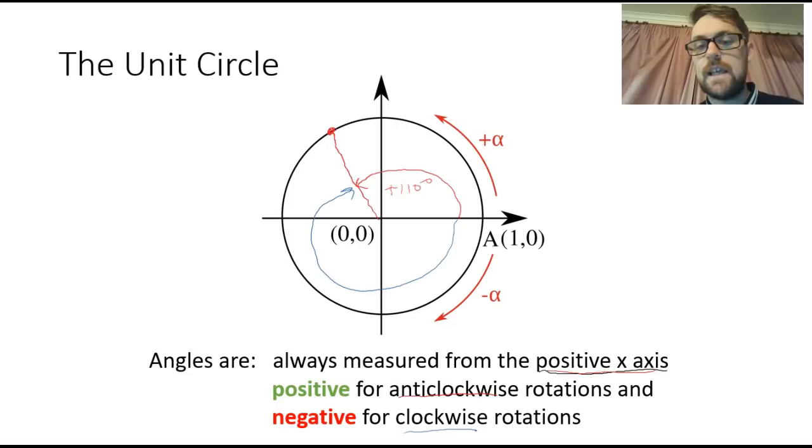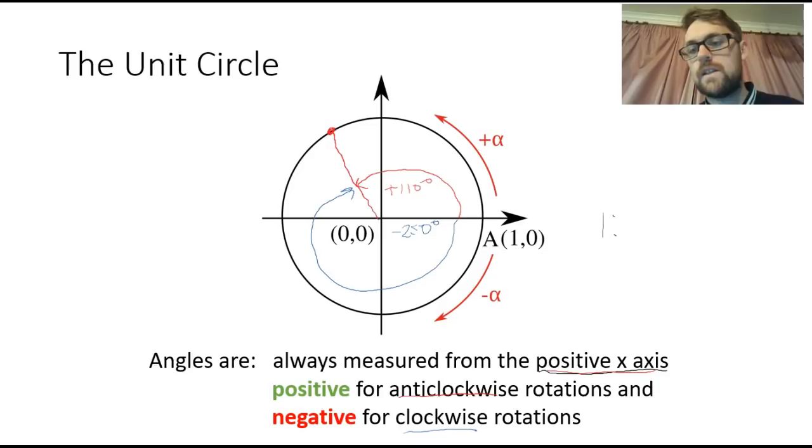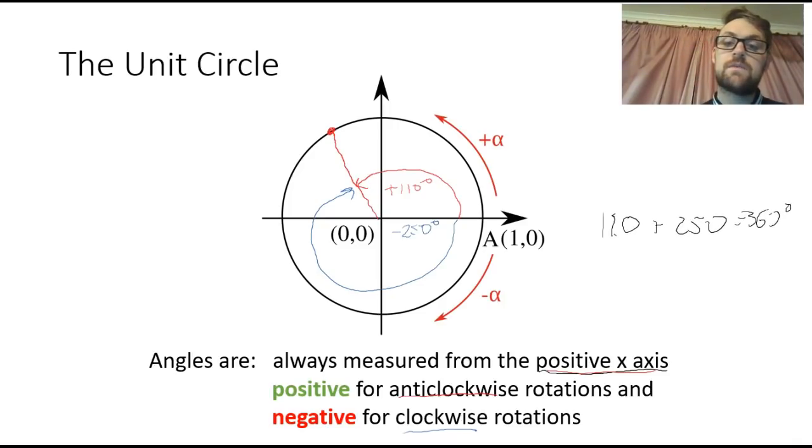So that means this angle here is -250 degrees. Now, just once again, the reason for that is because 110 plus 250 equals 360 degrees, and that's what makes up a circle. Okay, so if we go anti-clockwise, positive, clockwise, negative, we always measure from the x-axis here.